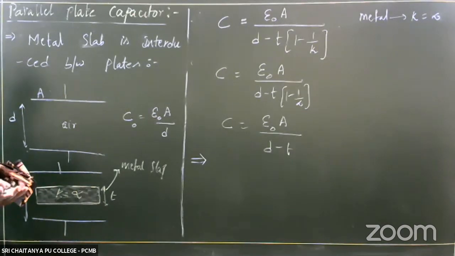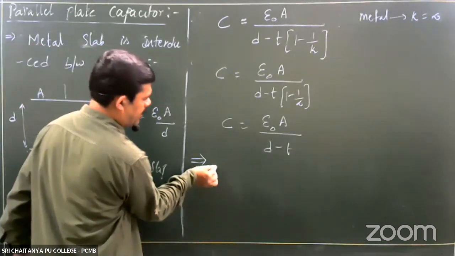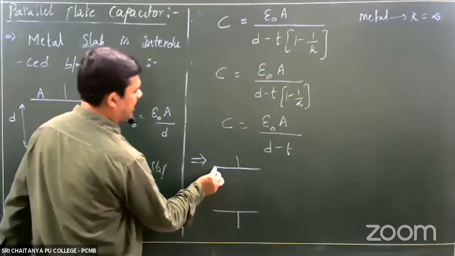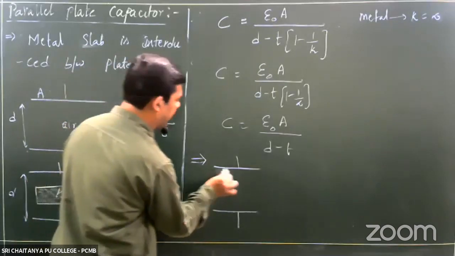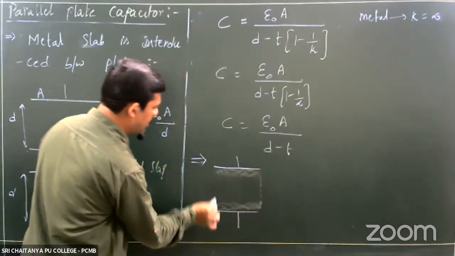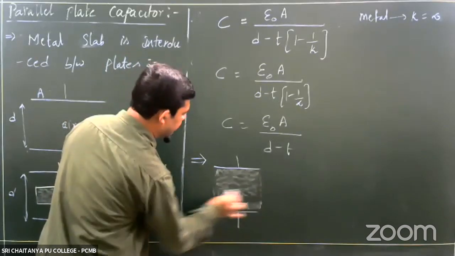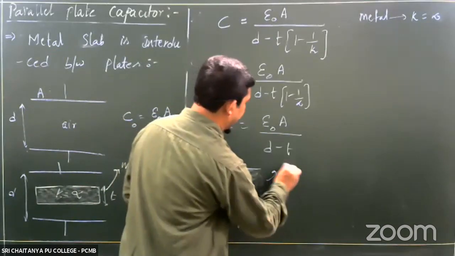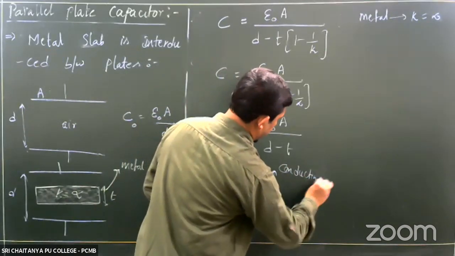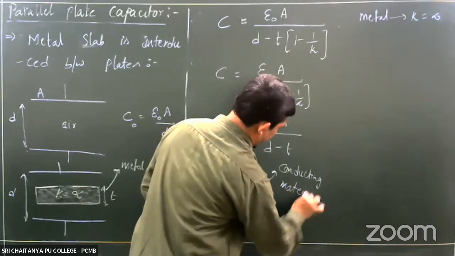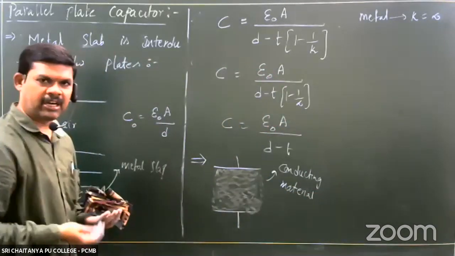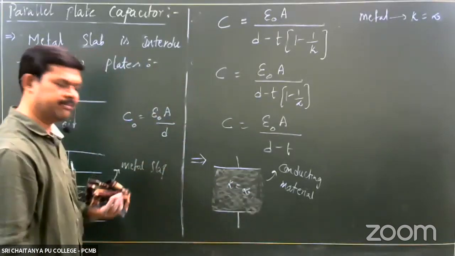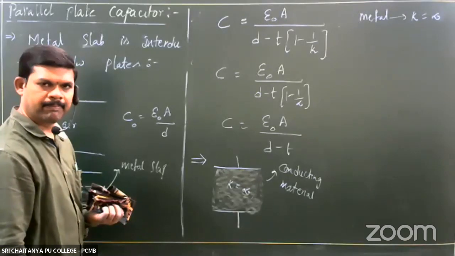On the same, they ask the question like this. This is a capacitor, and the gap is completely filled with a conducting material. Conducting material or metal, K is equal to infinity for metal.